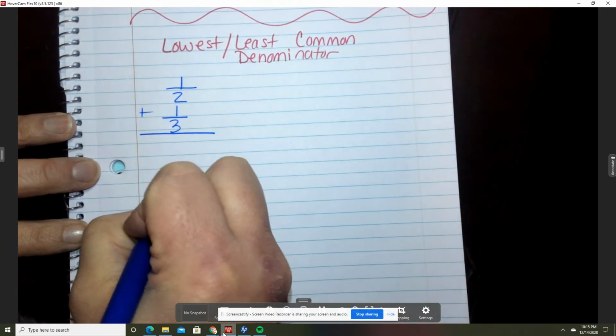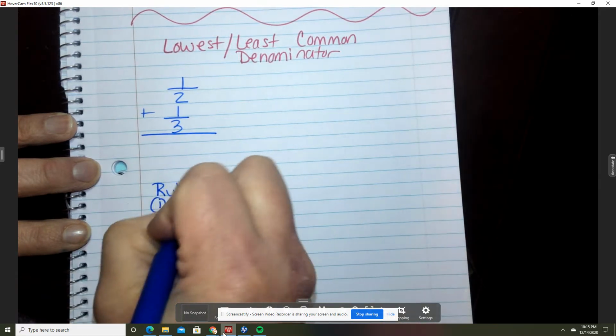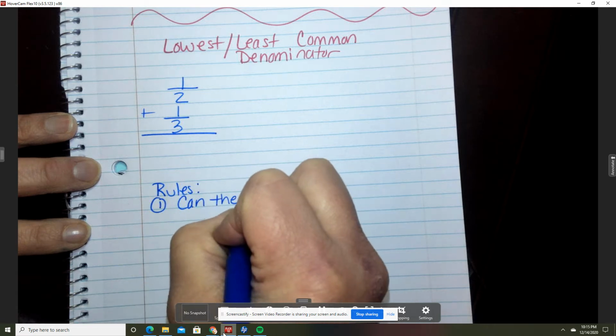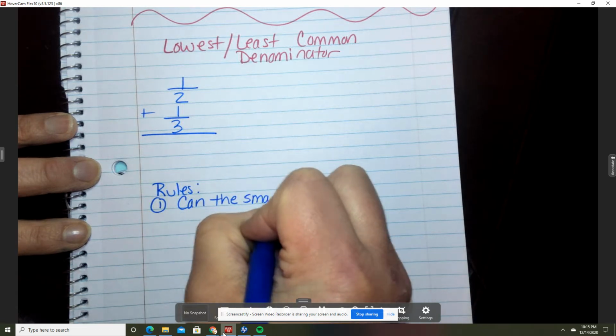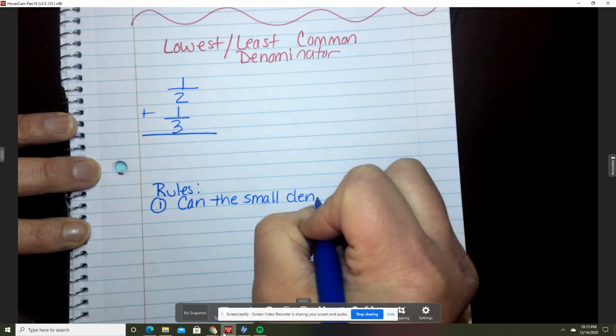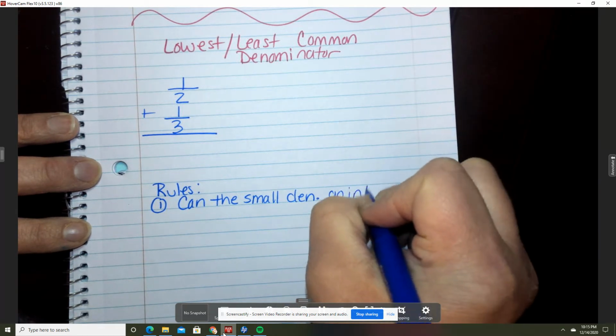So the rules. Step 1: Can the small denominator go into the big one?